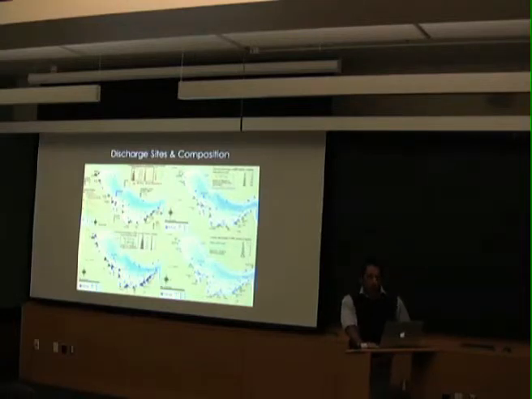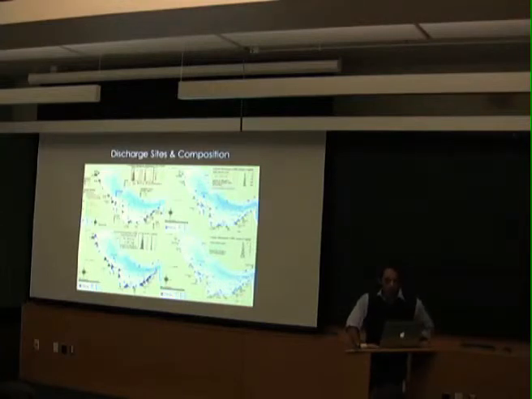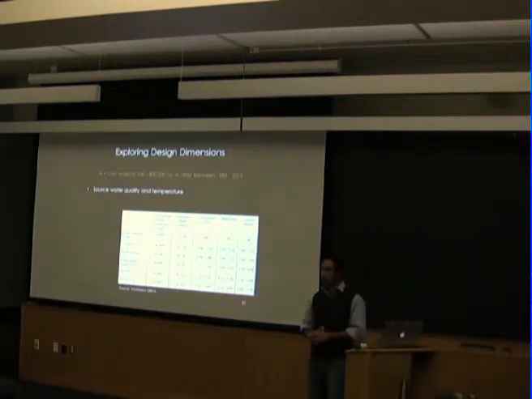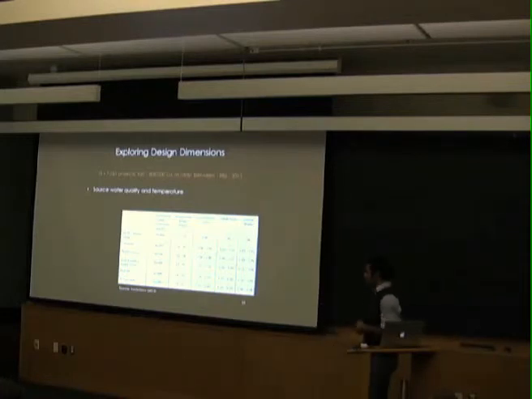This is again a second slice, but still a broader overview. As you start to think about the design of a particular facility, two of the things that affect the costs of facilities are the water quality of the feed water and also the capacity of the facility, as you might imagine.